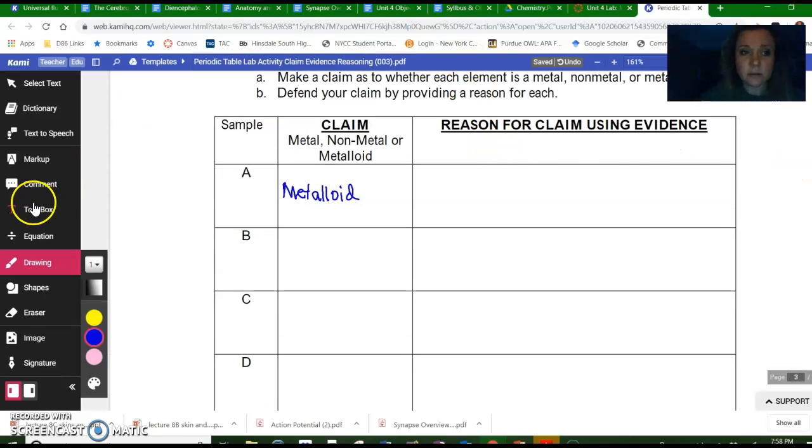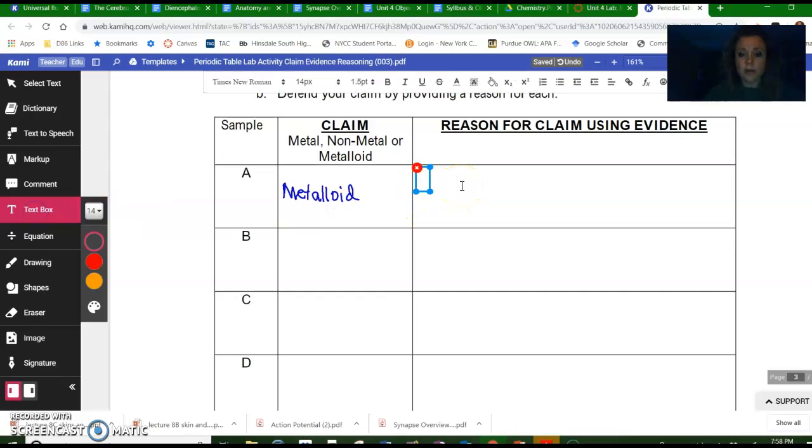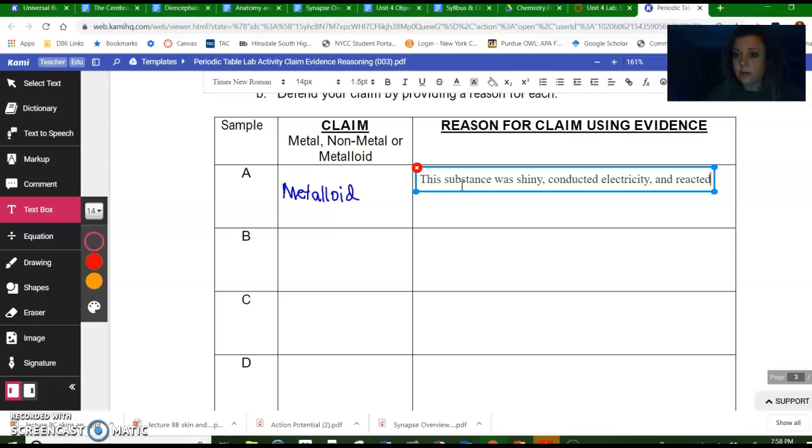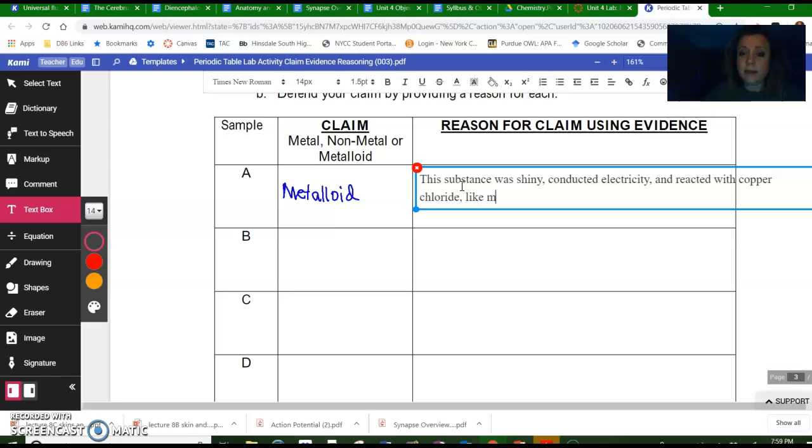All right. So here's my text box. Okay, so this substance was shiny, it conducted electricity, and reacted with copper chloride like metals.